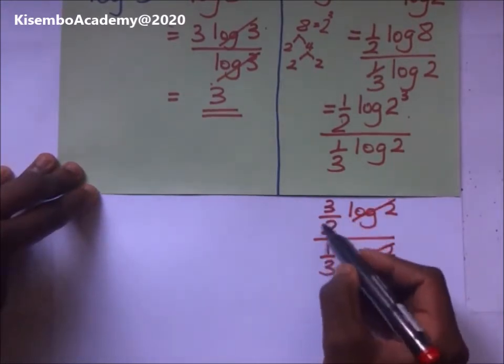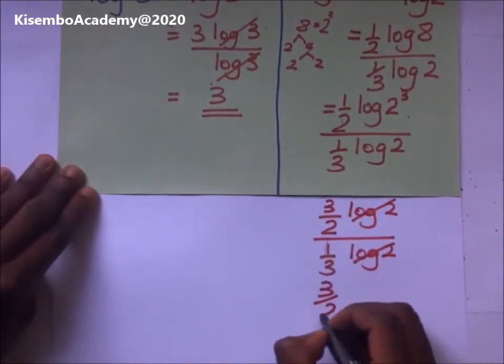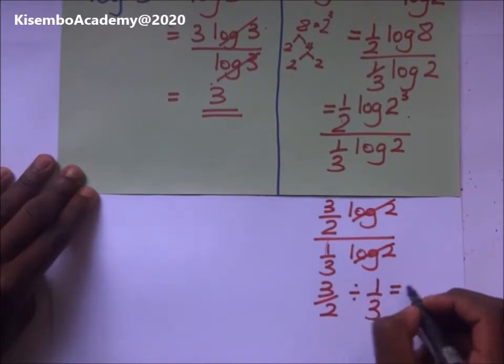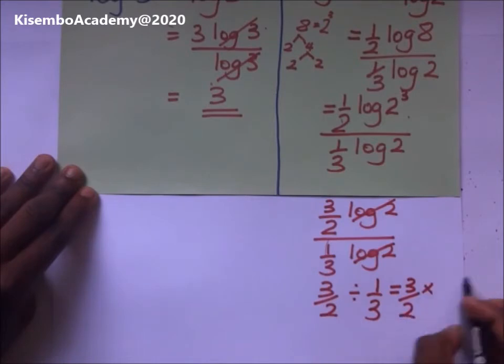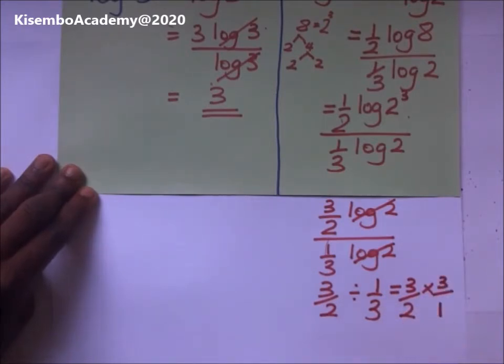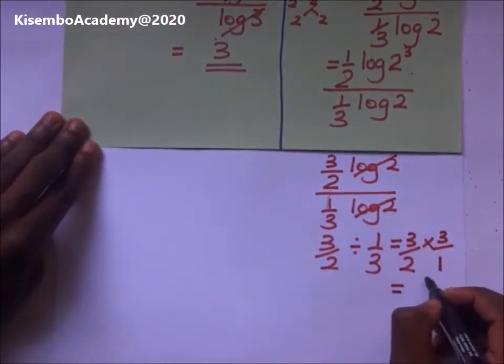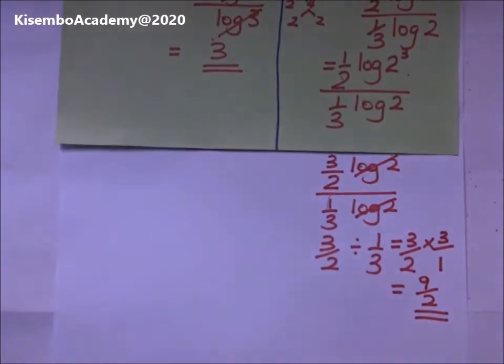You remain with 3 over 2 divided by a third. Now 3 over 2 divided by 1 over 3 is still going to be 3 over 2 times 3 over 1. And definitely our answer here will be 9 over 2.